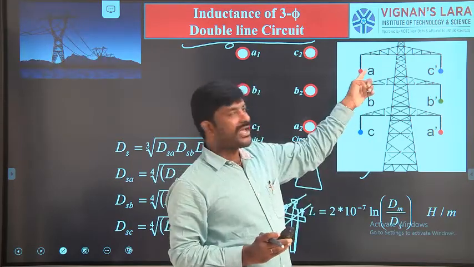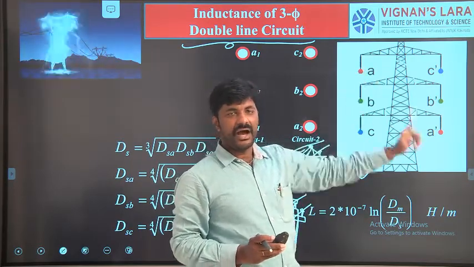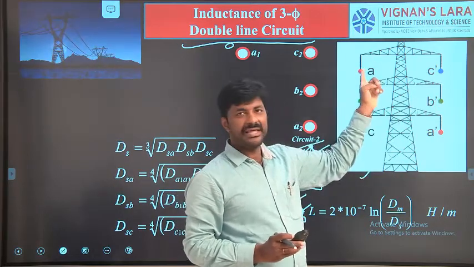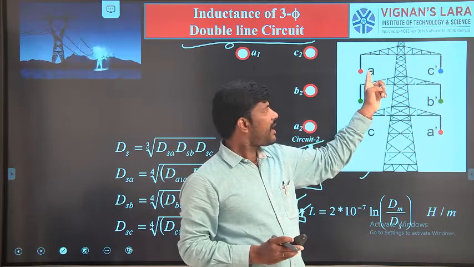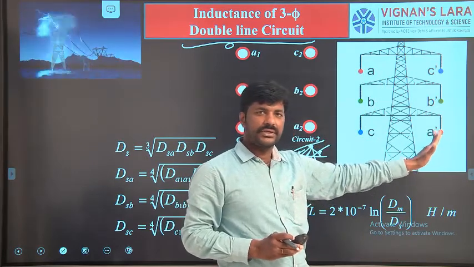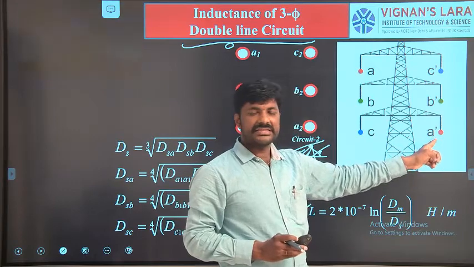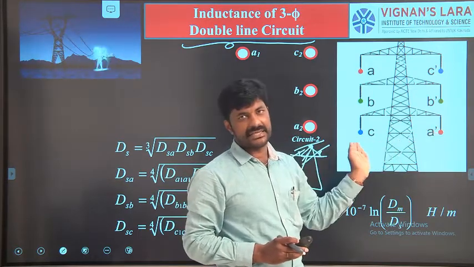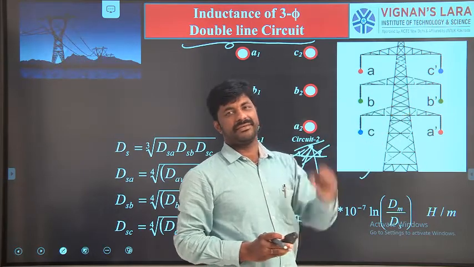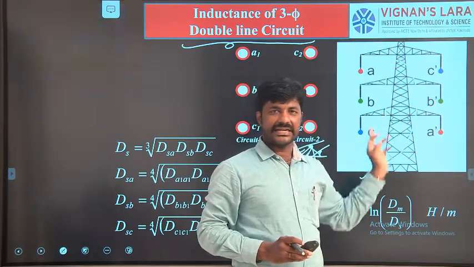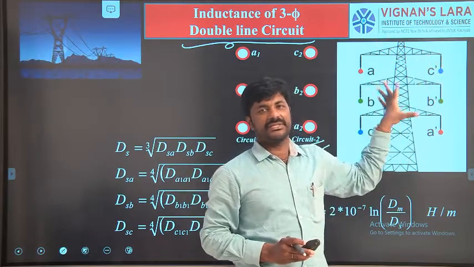So at the corners, opposite sides instead of parallel, you will have the similar phases. A is at the top position, but on the other side of the double line circuit, the second circuit, that same phase A dash is at the bottom. Similarly C is also compromising with B. So this is the arrangement of the 6 conductors in a three-phase double line circuit.